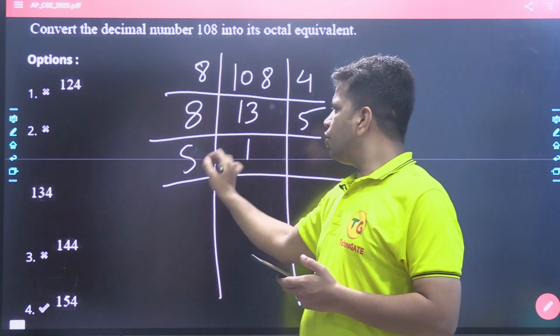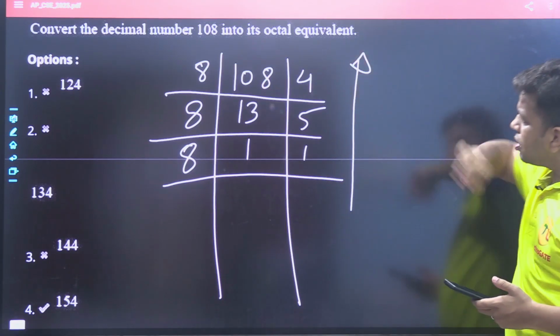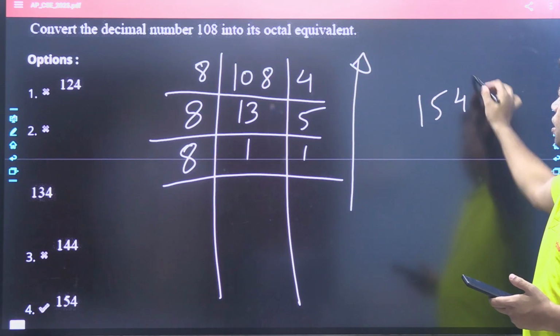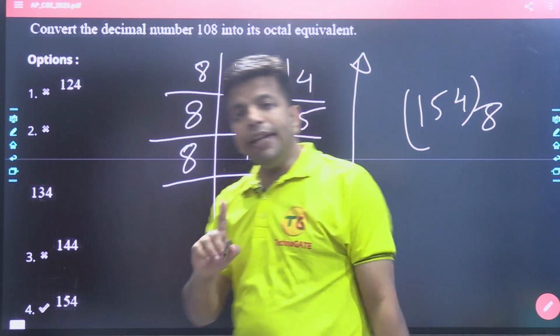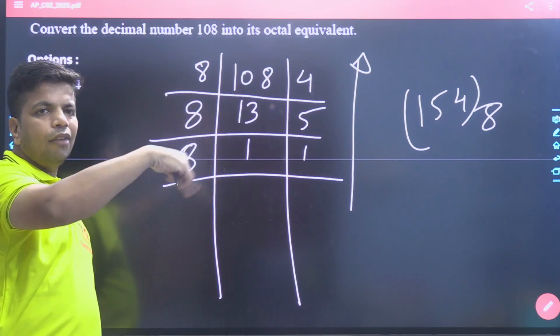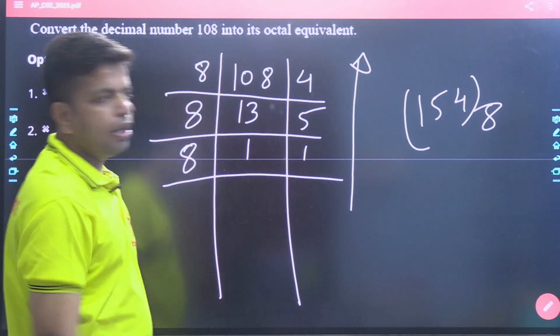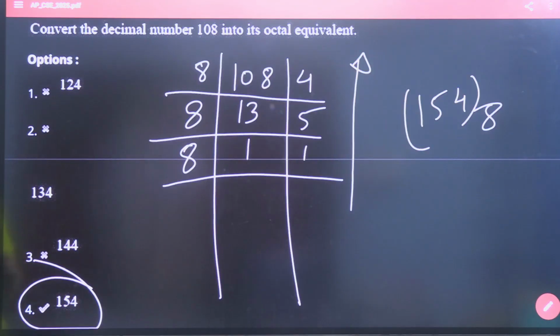Now when I divide 1 by 8, the remainder is 1. Now I need to write the remainders in the reverse order. So 154 is the octal number. So when you want to change 108 to octal, just divide, take the remainder value and write that in reverse order. So that would be your answer, 154. Got it?